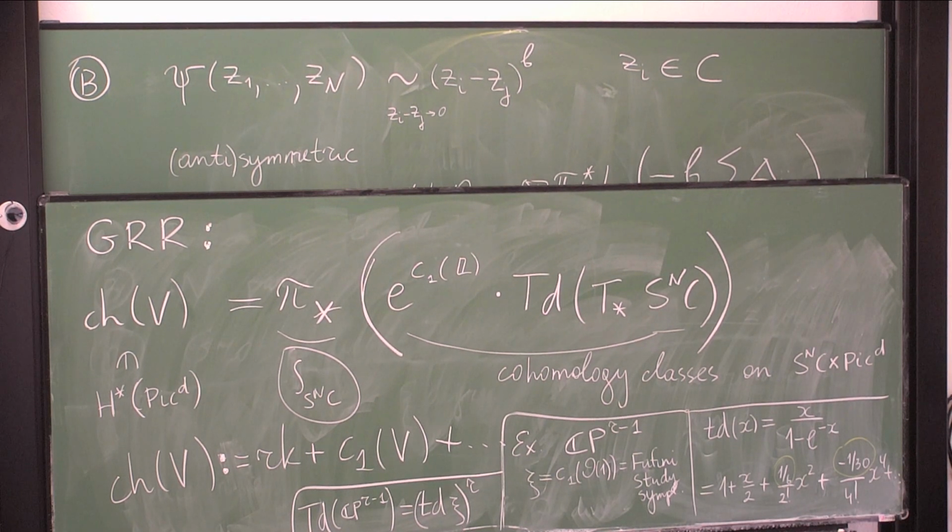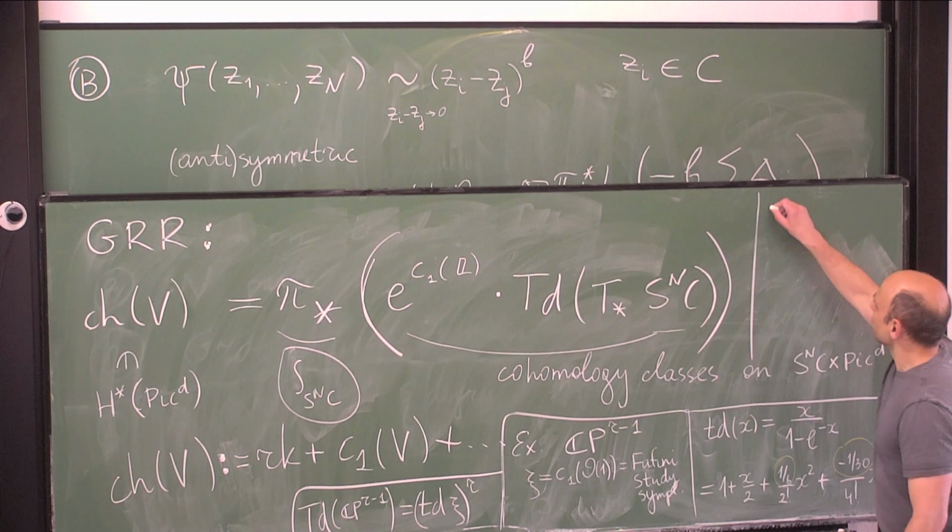So, in general, if you have a line bundle, the Todd class of the line bundle is obtained by applying this power series to the first Chern class. If you have a direct sum of two line bundles, it's the product of these two things for the two line bundles. And in general, when you have a vector bundle, it's not necessarily a sum of line bundles, but you can decompose it into line bundles by exact sequences. So there is a definition; in general, it is enough to think of a sum of line bundles.